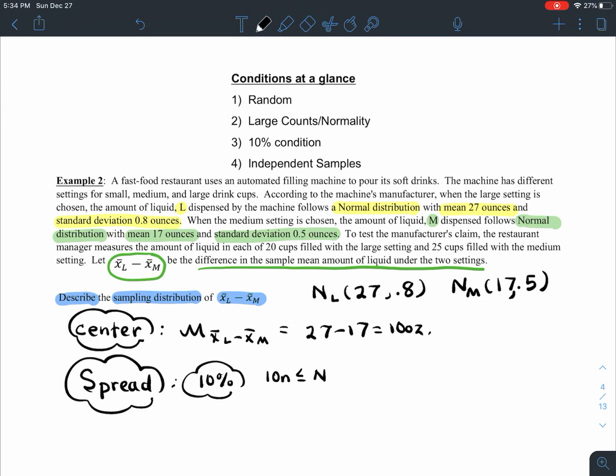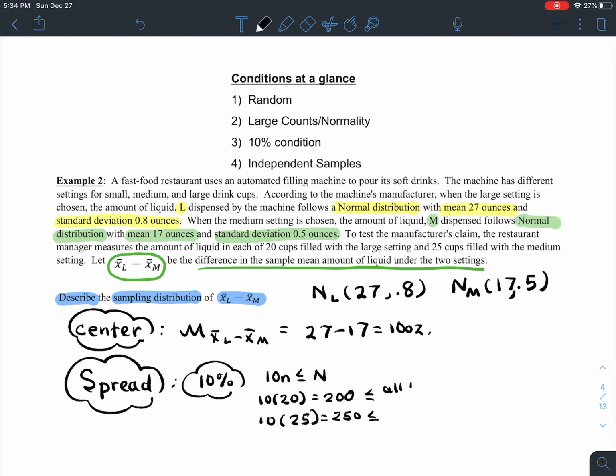10% condition is where we take 10 times the sample size, make sure that's less than or equal to the population size here. Okay, so one of these we were sampling 20 large cups, I believe, and the other one was 25 medium cups.